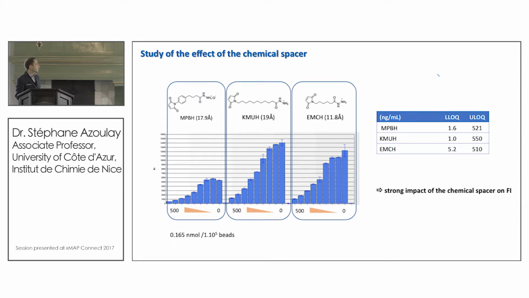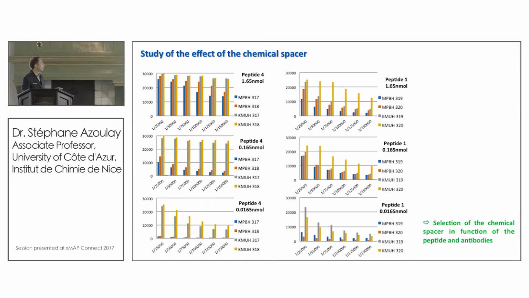But starting with a stronger fluorescence intensity can allow you to decrease the ratio between the peptide and the bead, and that is what we did for several peptides. Here I present the tendency. It's not to see exactly what happened, but on this peptide there is a coupling ratio.